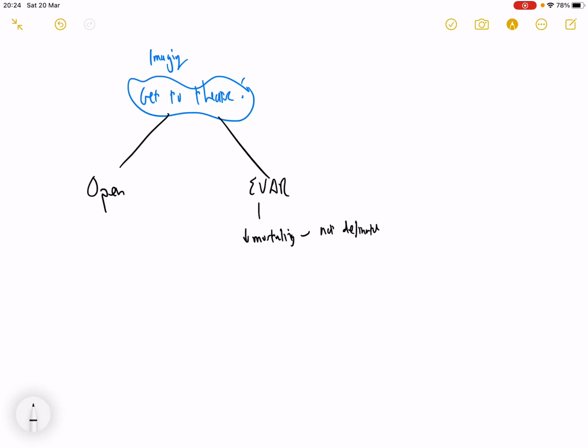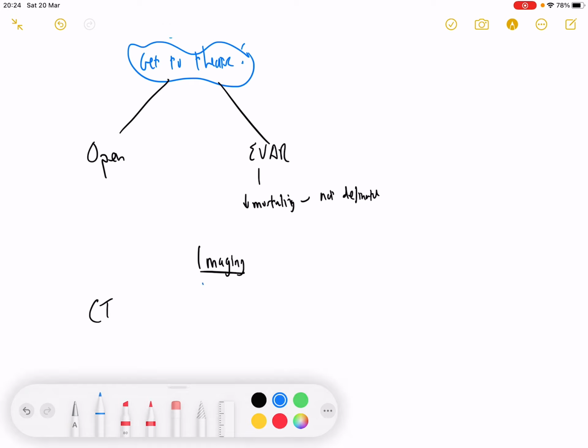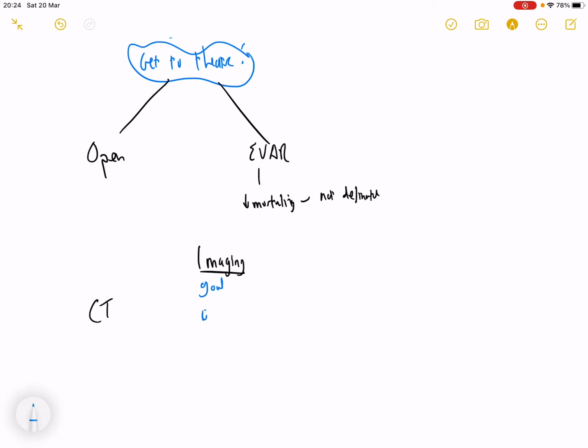So what imaging might you want to use? Well, a CT is good if you're uncertain and can give detail of the aneurysm and can confirm the rupture and look at the aortic wall.